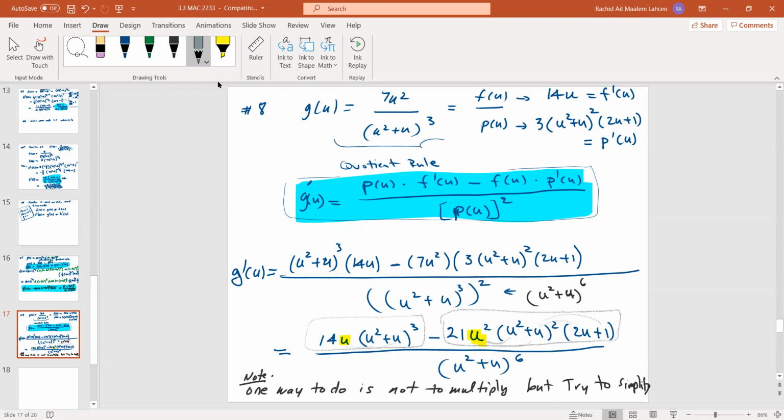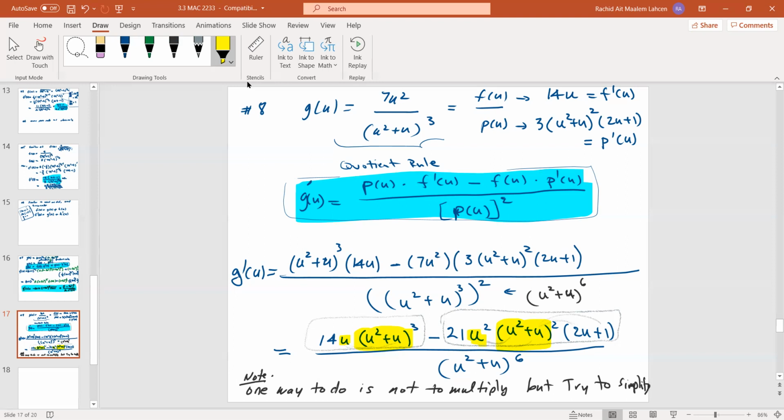We have a u, so that can be factored. What else? You see this u squared plus u to the third, and u squared plus u to the second, so two of them can be factored. We can factor u squared plus u to the second. 21, 14, no factoring there. 2u plus 1, no factoring there.